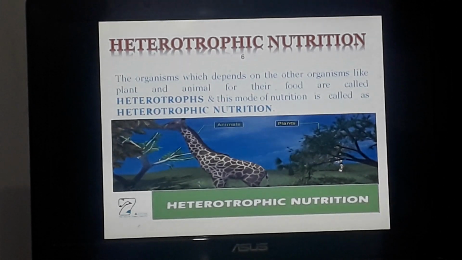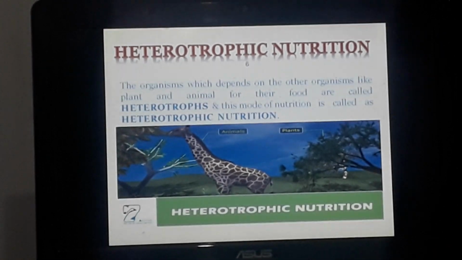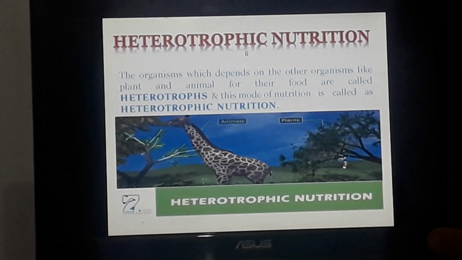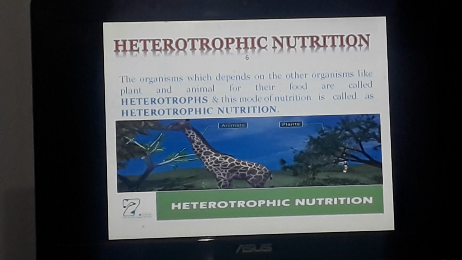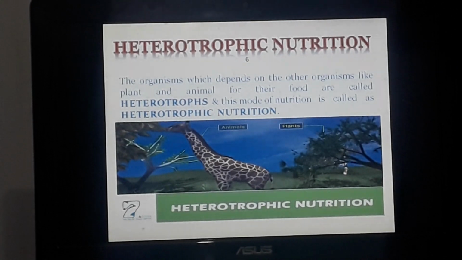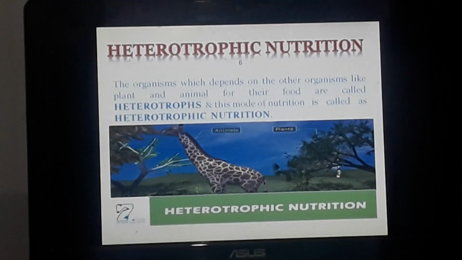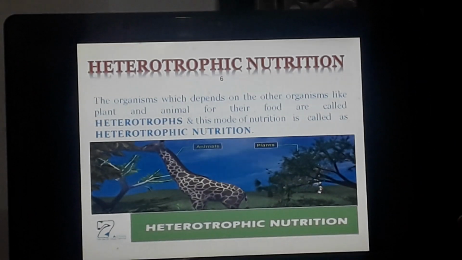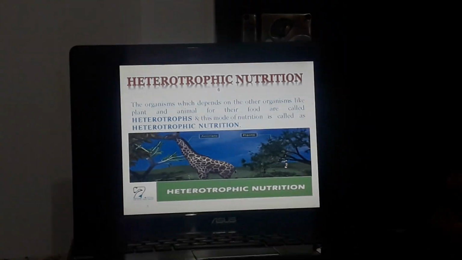The organisms which feed on both herbivorous as well as carnivorous sources are called omnivorous. Just like the bear or the crow, they are omnivorous organisms. Now we are the best examples of heterotrophic nutrition because we feed upon plants also, we feed upon animals also, in a processed form.